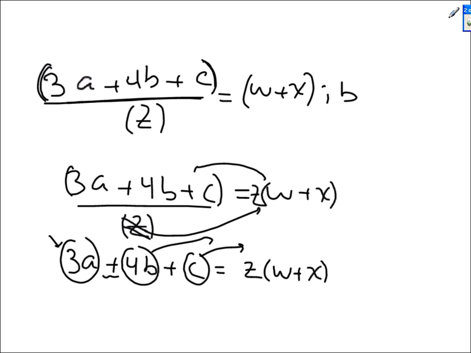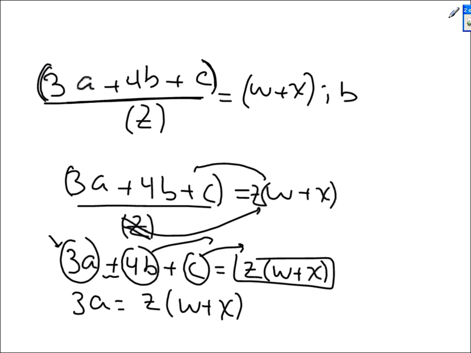If they have a minus in front, put a plus on the other side. So 3a is equal to whatever is on the other side, namely z times w plus x, and the new stuff that we're bringing over. The plus 4b goes over as minus 4b. The plus c goes over as minus c.